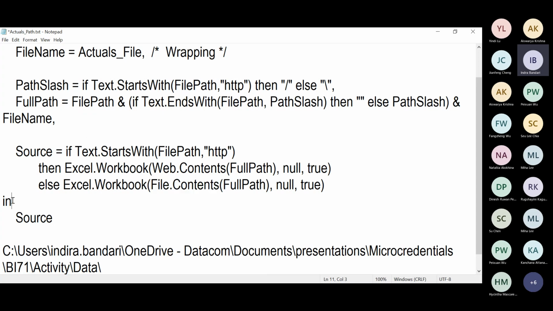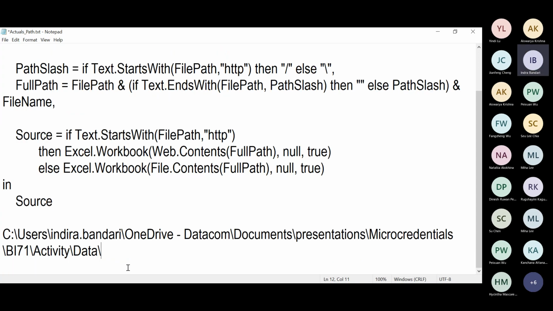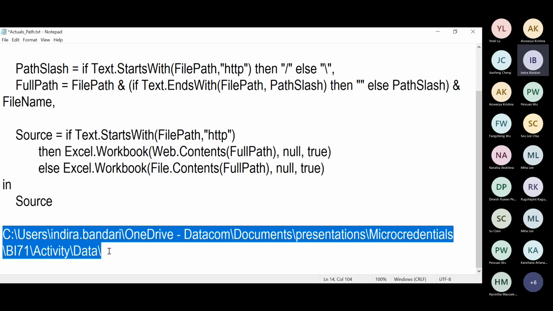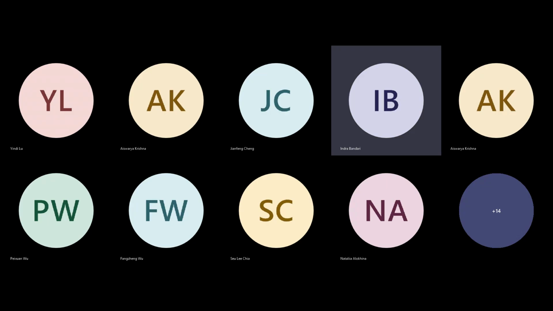And in, I mentioned when I was going through the PowerPoint, returns source. It returns the entire path of the files. So that's what it does, and then you see those tables.